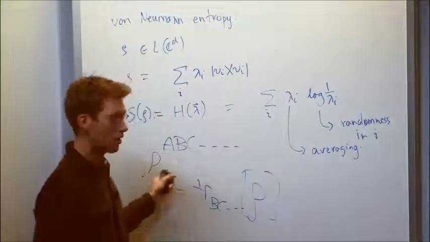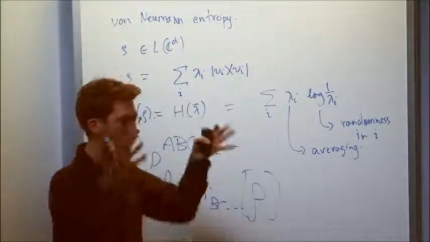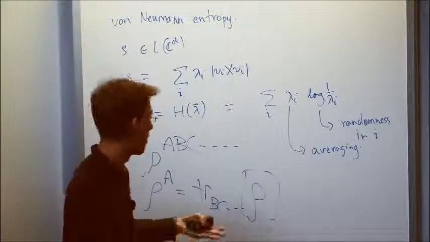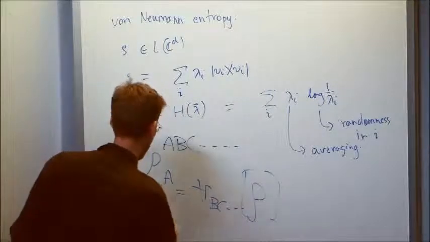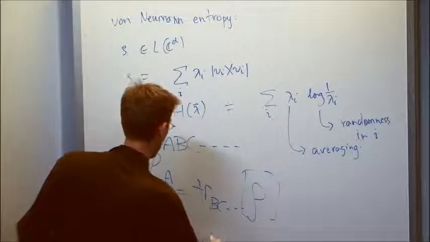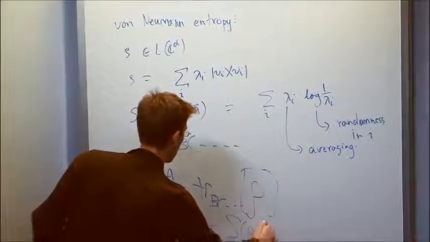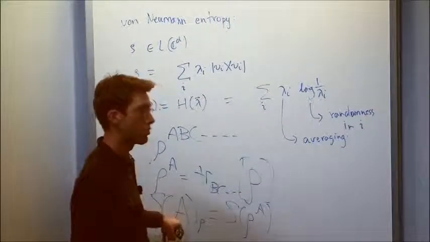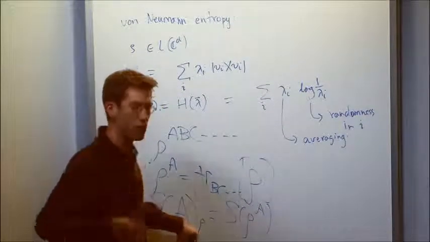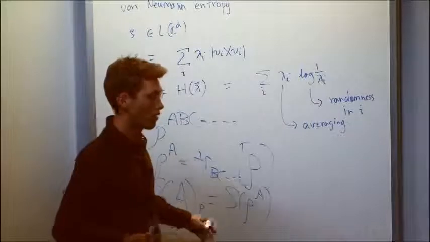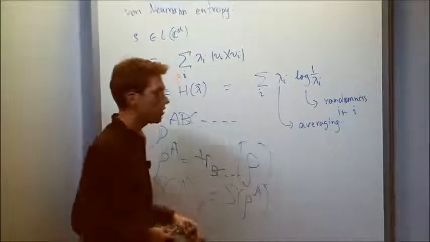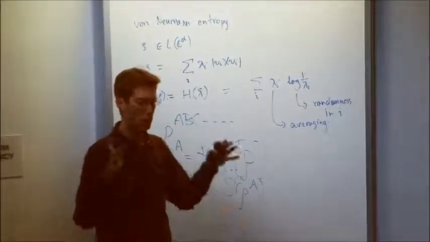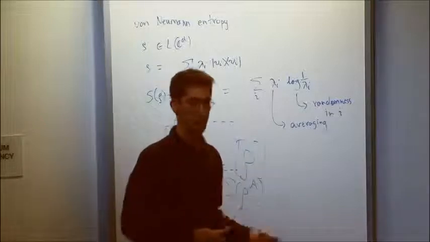So rho superscript A means I'm just considering system A of the overall density matrix. And when I write S of A sub rho, I mean S of rho superscript A. So this means entropy of those systems, and I'm just reminding you that the state is rho with the subscript. This notation is better in cases when we have a single state that we're always considering, but we're looking at many different subsystems of it.